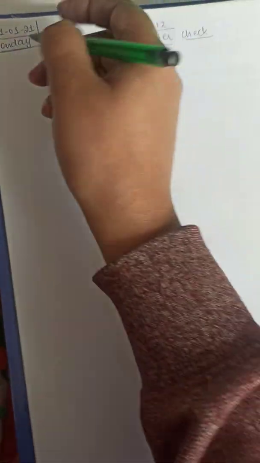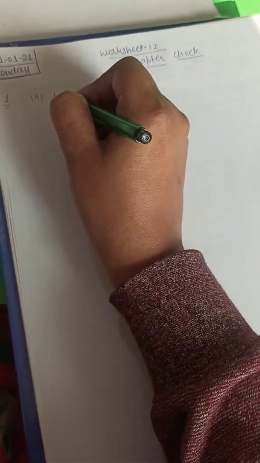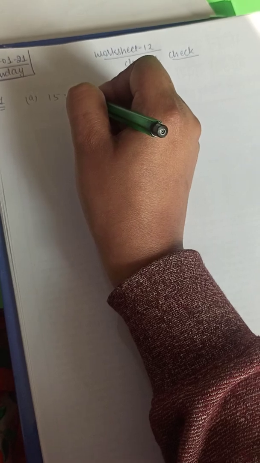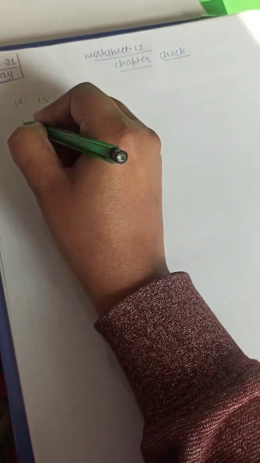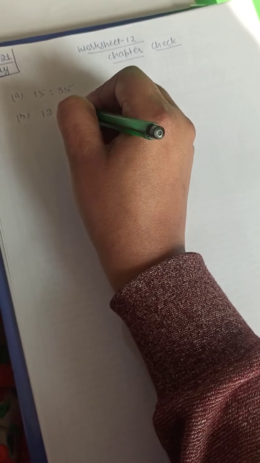The first question of the worksheet 12 chapter check is: find the following ratios in the simplest form. So here the ratios are 15:35 and the second ratio given is 12:48.